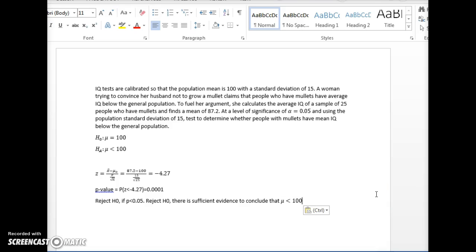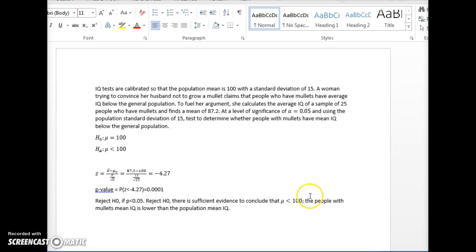What that really means for this problem is that the mean IQ of people with mullets is lower than the population mean IQ.